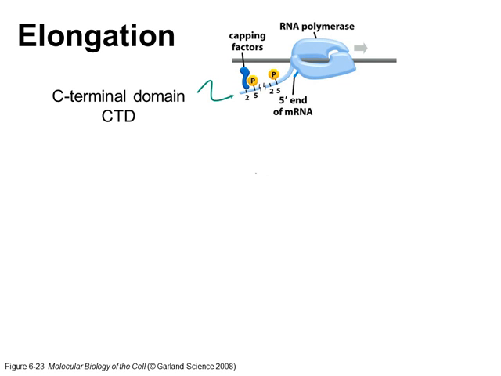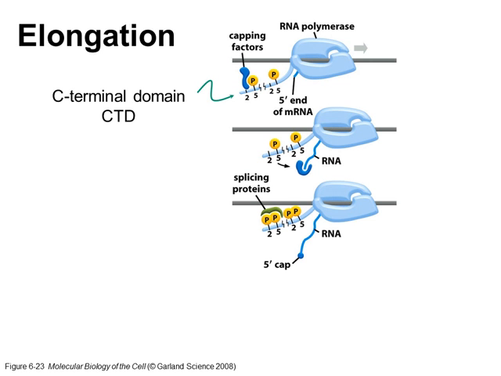Like what? Well, for example, capping. There's a set of proteins called capping factors that stick to the 5' end, and they're going to make a chemical cap on the end. And I'll show you details of that in a minute. There are also proteins that ride along that perform splicing. And what that means is removal of introns and then allowing exons to be fused together to get a mature transcript.